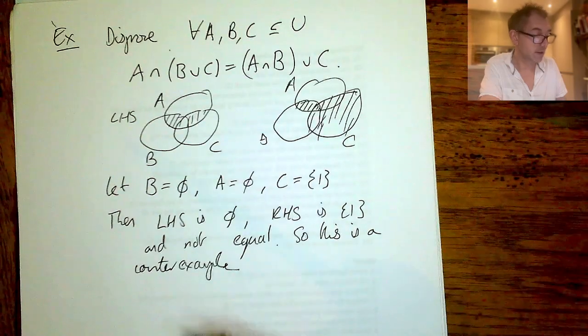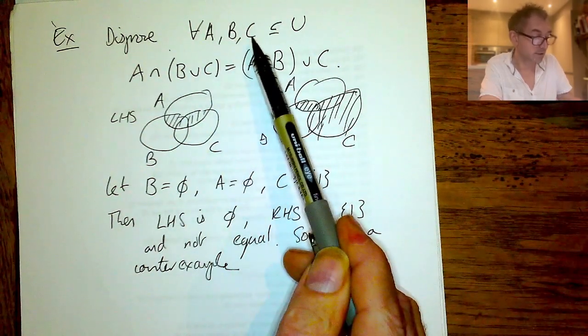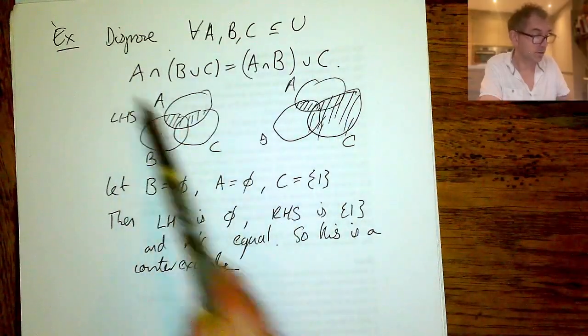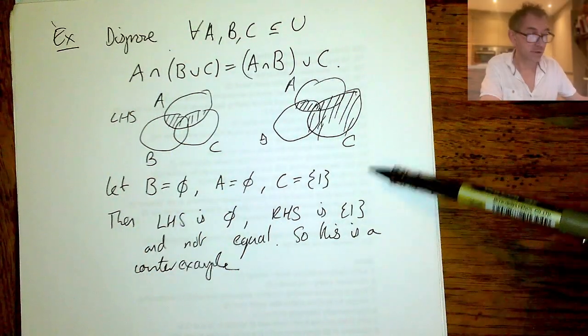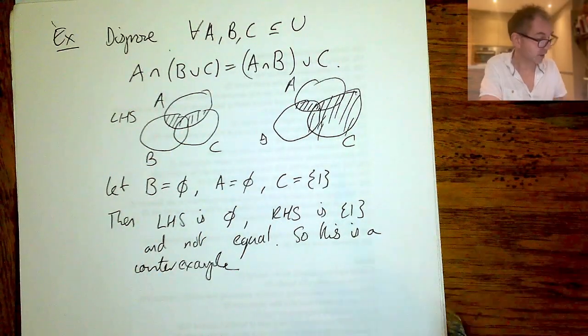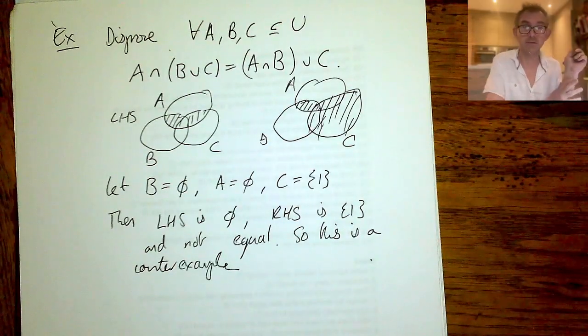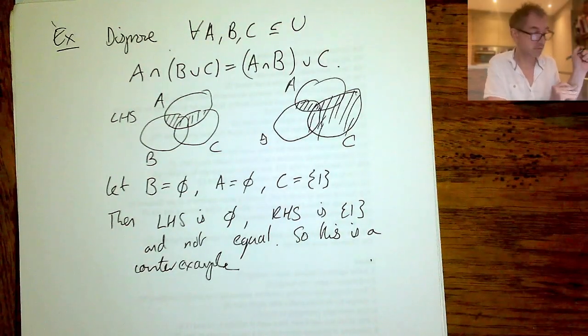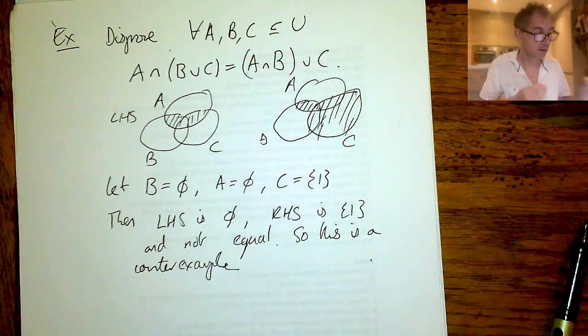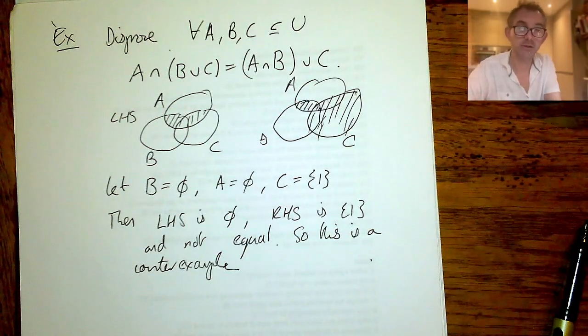If I want to negate that, then I want to say there exist an A, B, and C such that this is not true. And that is exactly what this does here. So that's the idea of counterexamples. And that's probably enough for this week, so we'll pick up proof by contrapositive and the other things next week.